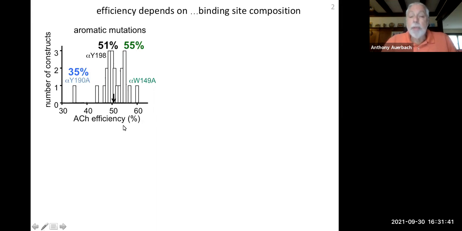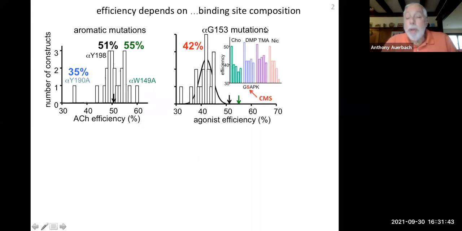When we did this for the 153 mutations, there were 4 different mutations and we used 4 different agonists. One of the mutations is G153S, which causes the congenital myasthenic syndrome. These are all either 55 or 51% efficiency agonists. They all reduced it to 42%, except for this one, which was 32%.